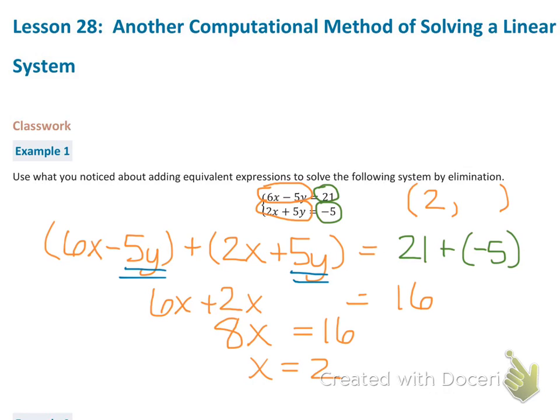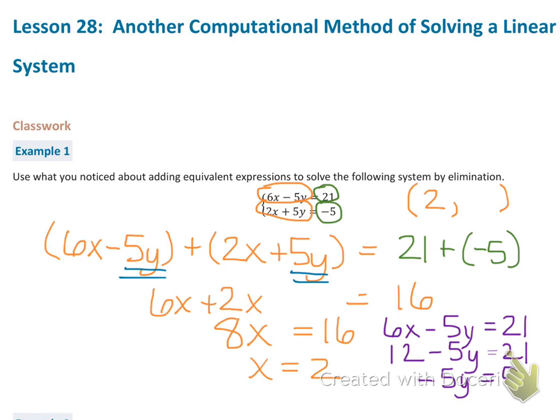So I have 6x minus 5y is equal to 21, and x is 2, so 6 times 2 is 12 minus 5y equals 21, and so negative 5y, I'm subtracting 12 from both sides, so 21 minus 12 is going to be 9. And so y is equal to negative 5 ninths.